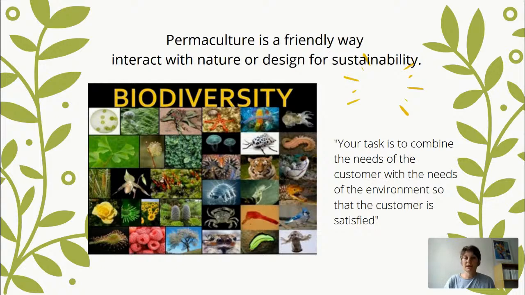So basically, we take into consideration all the biodiversity, all the plants, all the animals, and so on. And we think about how our decision can change their life, how our decision can create more space for insects, for small animals on the plot, for biodiversity generally.